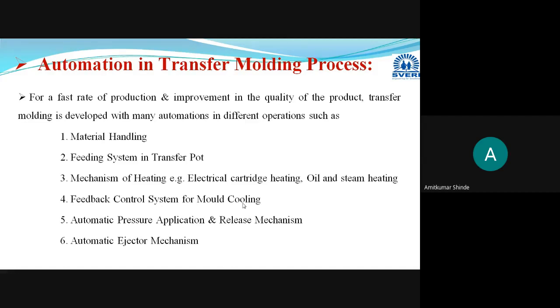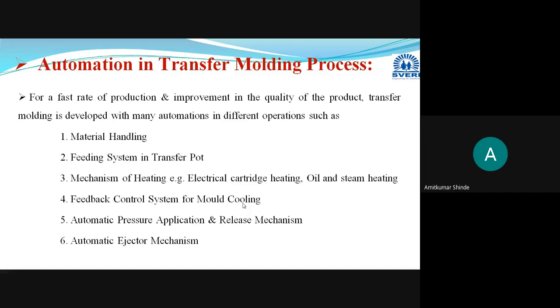Then for application of the pressure through that plunger, and to release that pressure, we can do some automations there also. And in the ejector mechanisms, after sufficient curing, we eject the final molded part when we open the mold, with the help of ejector pins. There we can go for certain automations.